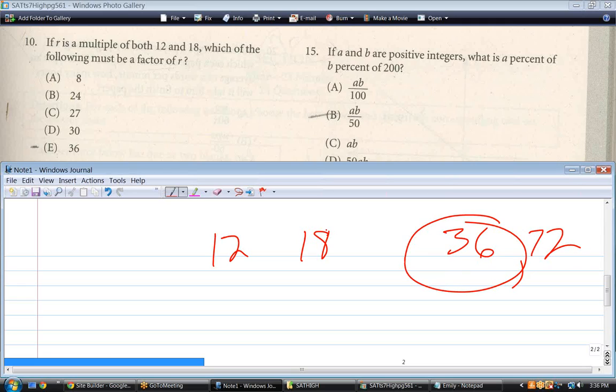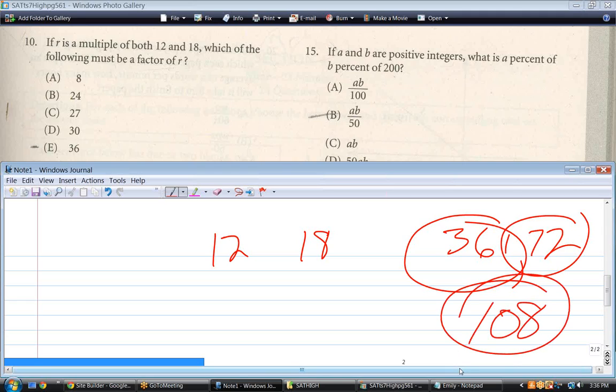In other words, it would either have to be 36 plus 18, which isn't divisible by 12, or it'd have to be 36 plus 12, which isn't divisible by 18. Which tells us that the next multiple is going to be 72, and then 108, so forth and so on. And now we can see that each of those multiples has a factor of 36.